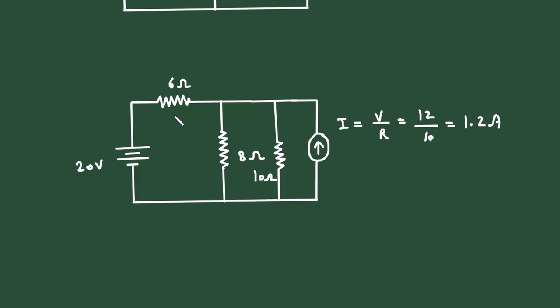Now similarly, we will do this for this resistance and this voltage source. Here this resistance is connected in series, so when we make this voltage source a current source, it will be in parallel.